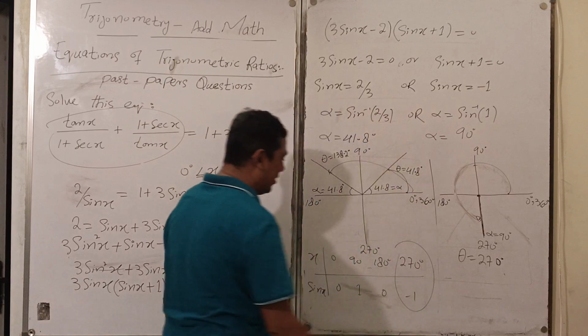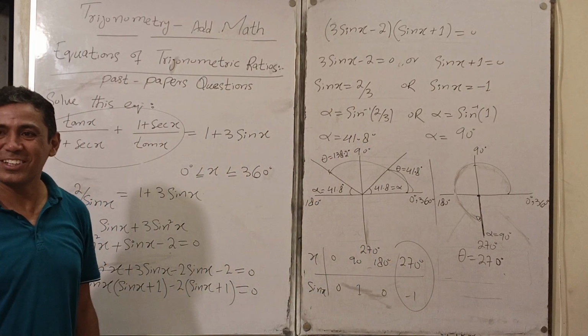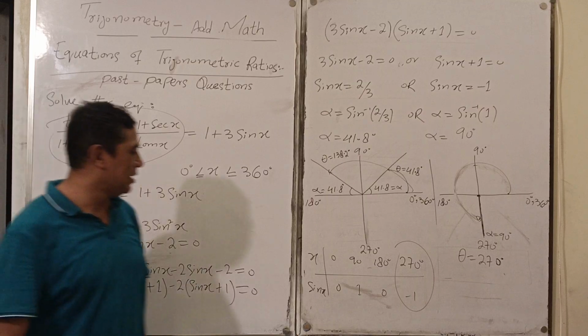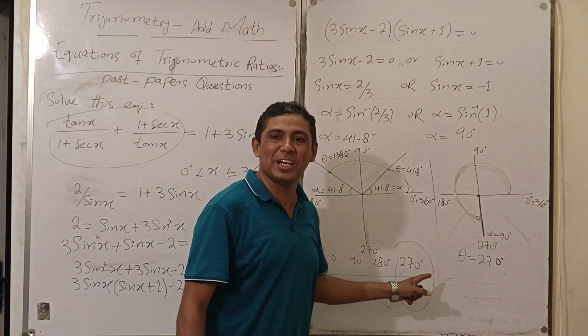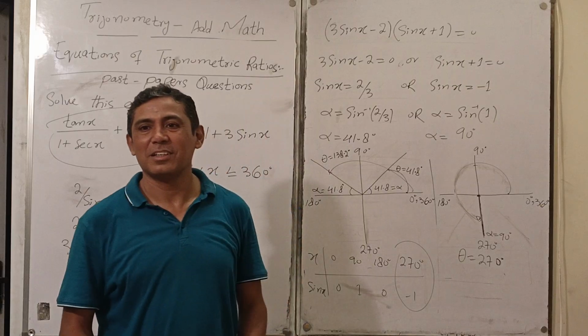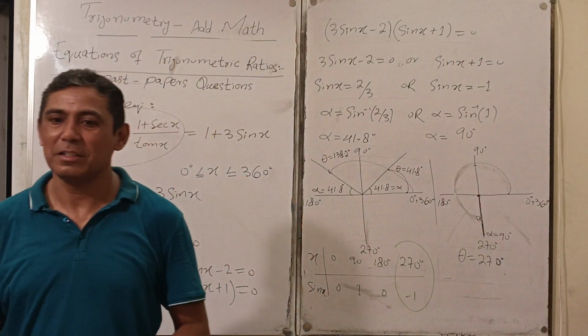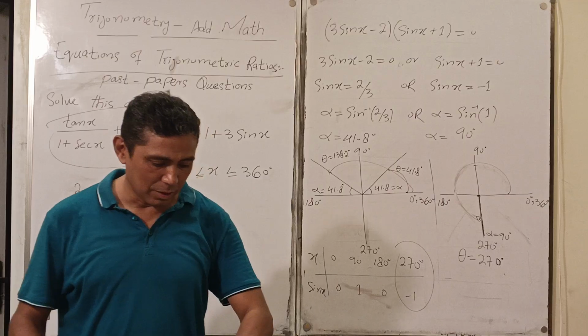So the value of theta is 270. You got my point? When sin x is -1, the value of theta is 270. Clear? You can mark it. Move forward.